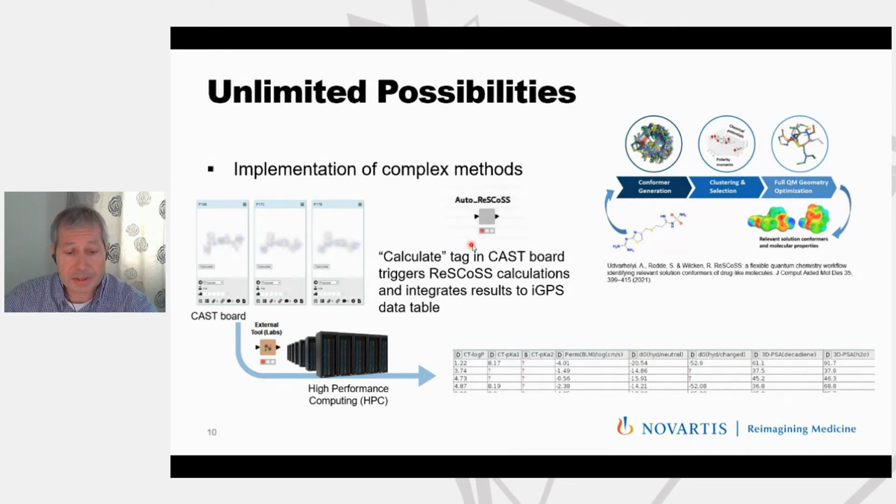In this case, when a chemist adds a specific tag, in this case the calculate tag, to the cast board for the molecules that the chemist would consider for synthesis, the execution of the plugin workflow submits the calculation to our high-performance computing platform, and later the results, in the form of descriptors, are added to the data package available in IGPS.